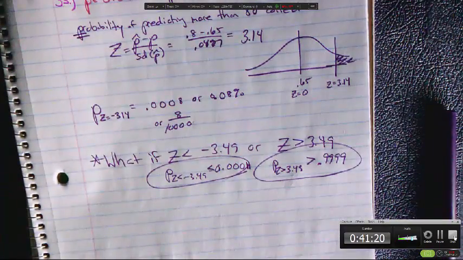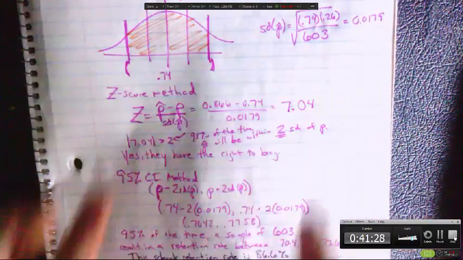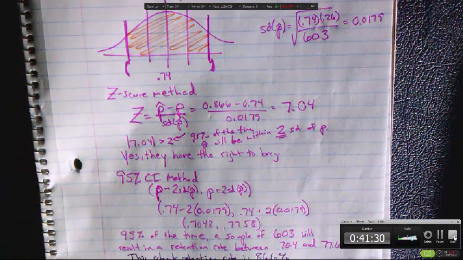So on the previous problem that we were looking at, the z-score was 7. The chances of getting something more than that, which would mean less than negative 7.04, right? The chances of that happening is less than 0.0001. So the chances of this happening is less than 1 out of 10,000 tries.